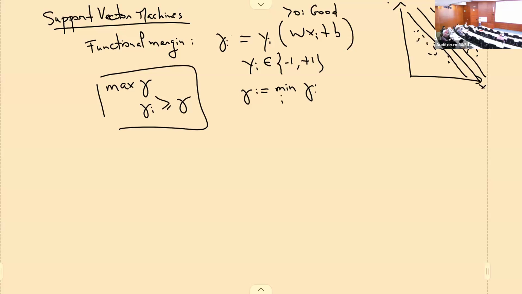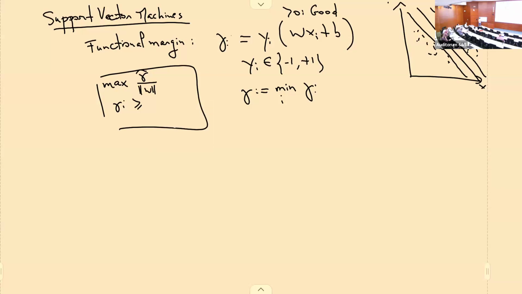If I normalize things a little bit, dividing by the norm of W, this means all the gamma i's are greater than 1. This should be gamma tilde, but I'm not writing the tilde. So let me rewrite it: I want to maximize gamma hat over the norm of W, subject to gamma i greater than gamma hat.